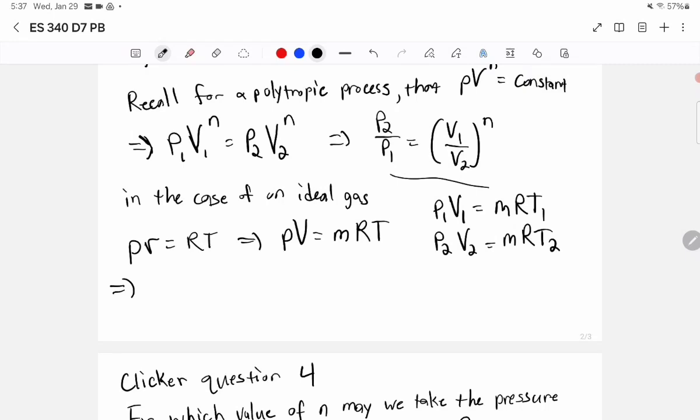So I can then find this ratio that I want up here, which is P2 over P1, which must be equal to mRT2 divided by V2 over mRT1 over V1, so V1 over V2.